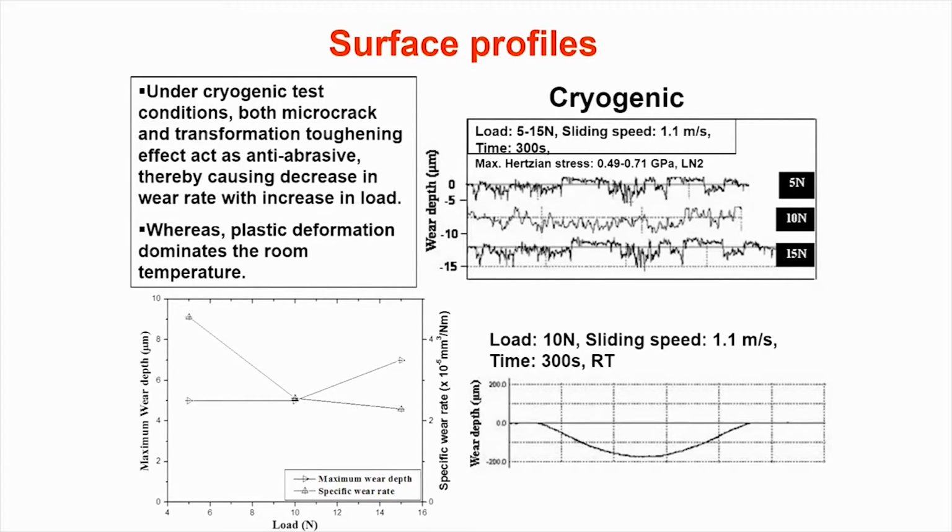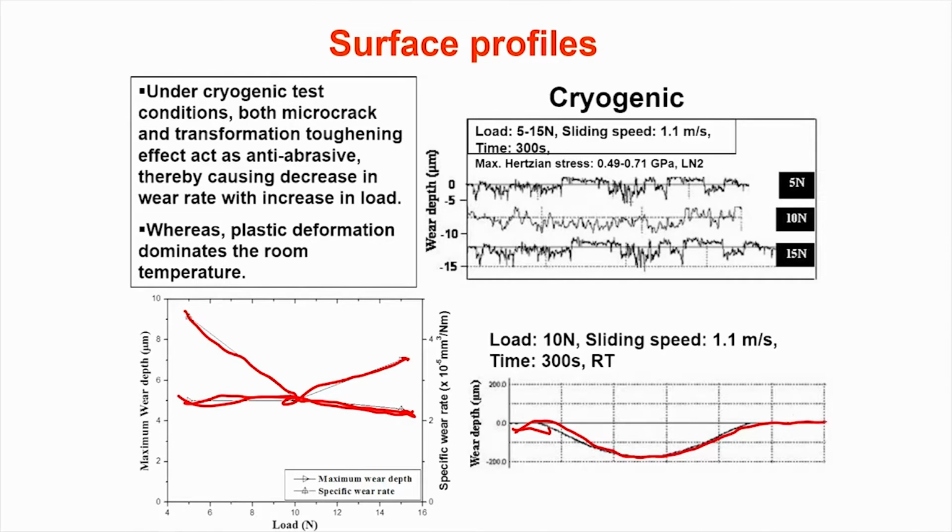In terms of the wear rate, what we have noticed is that the maximum wear depth shows little increase at higher load, but the wear rate shows a systematic decrease with increase in the load. And these are the typical 2D profiles at room temperature.